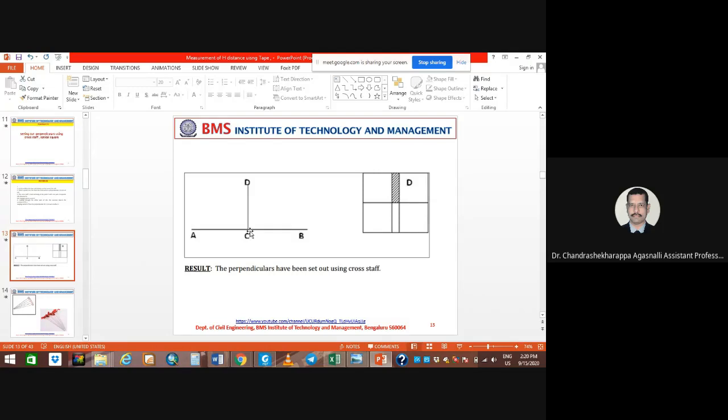So the ranging rod is the best one for you. Sorry, not ranging rods, it's the cross tab you require. The compass is very difficult to manage. So this is how the AB points and the intermediate points are set. From the intermediate points we can establish the gridding.